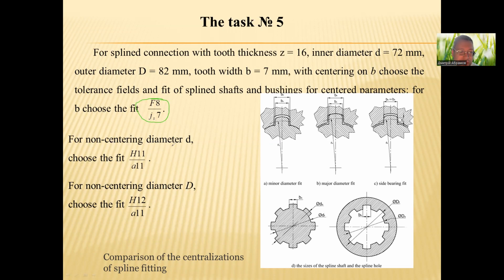For non-centering diameter small d, we choose the fits H11 for the bushing and A11 for the shaft. For non-centering outer diameter big D, we choose the fits H12 for the bushing and A11 for the shaft.